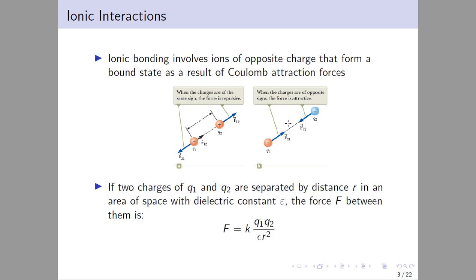So plus plus is repulsive, plus minus is attractive. If two charges Q1 and Q2 are separated by a distance r, in an area of space with dielectric constant epsilon, the force F between them is equal to this equation, the Coulomb attraction force.